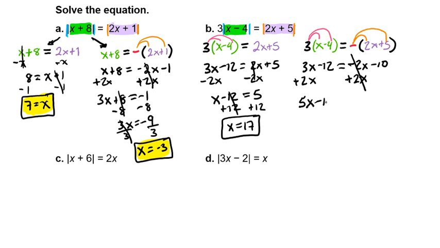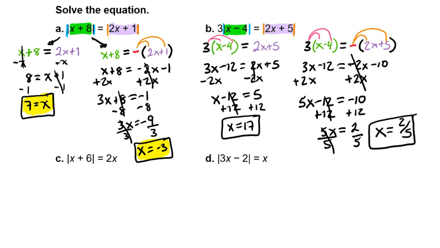So I have 5x minus 12 equals negative 10. Then I can add 12 to both sides, and we get 5x equals 2. Divide both sides by 5, and I get that my next answer is x equals 2/5. And now we have our two answers, x equals 17 and x equals 2/5.